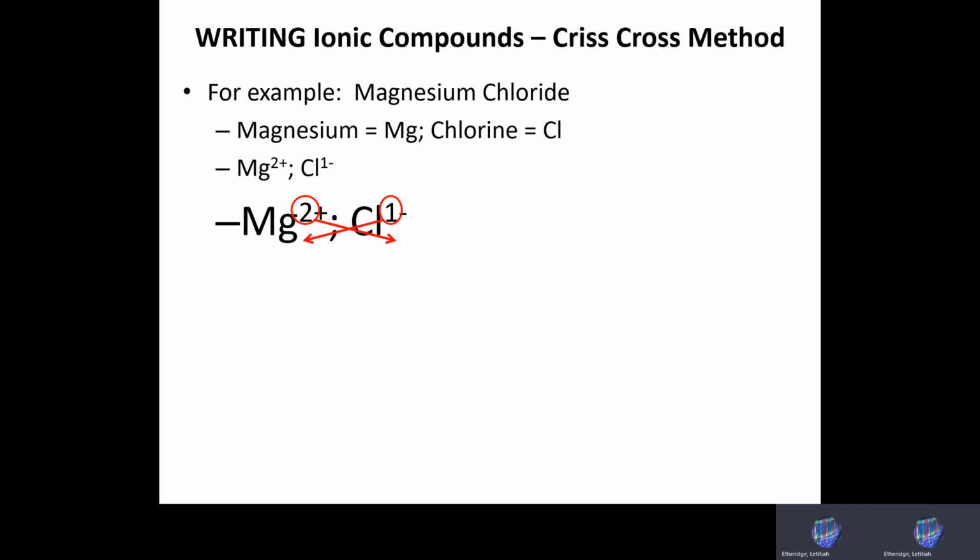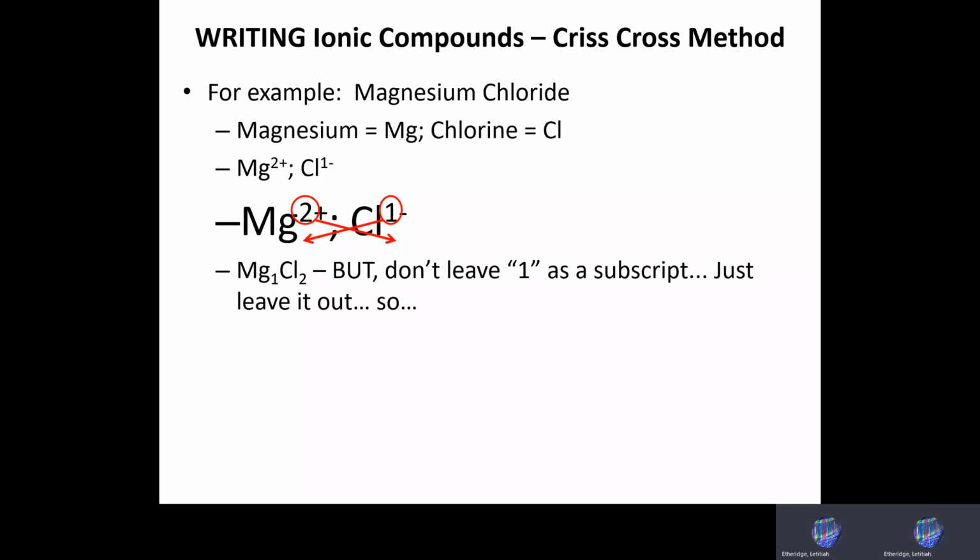When you cross those numbers, it's going to look like this: Mg1, Cl2. The 2 that was next to the magnesium was brought down as a subscript for the chlorine, and the 1 that was part of the oxidation number for chlorine is now the subscript for magnesium. In chemistry, if you have a 1 as a subscript, we don't write the 1.